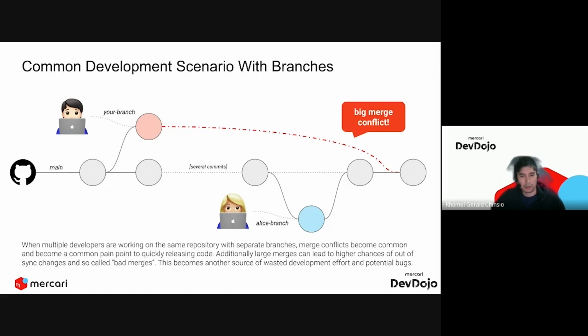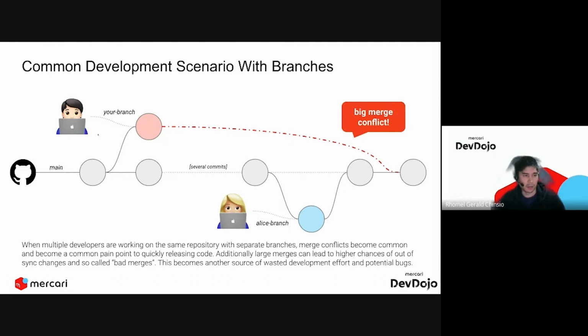So tangibly, what's really happening? In any kind of large team development, you're going to have many developers committing to the same code base and putting changes onto the same branch.